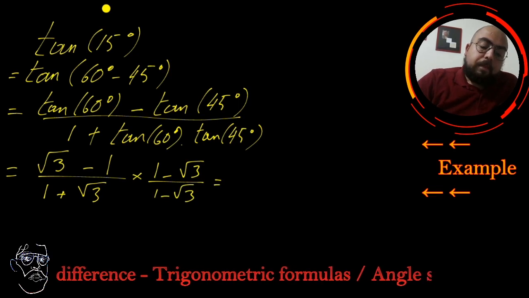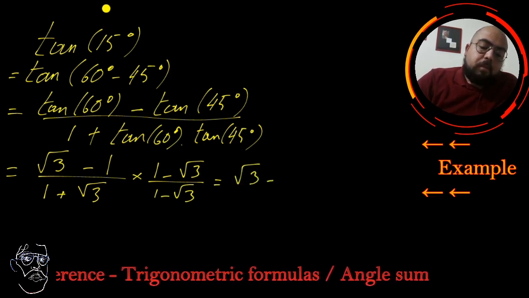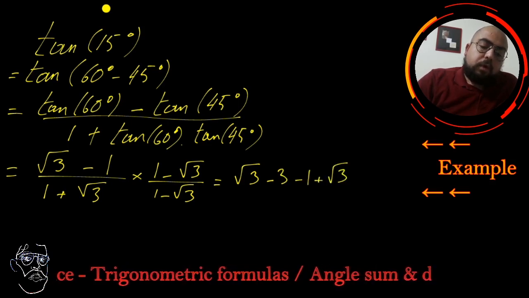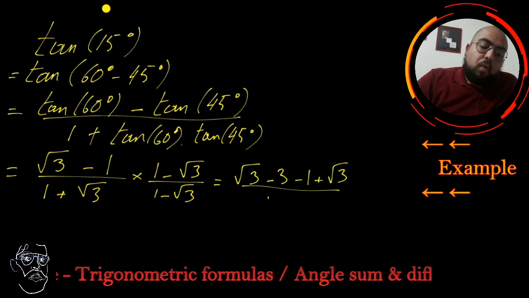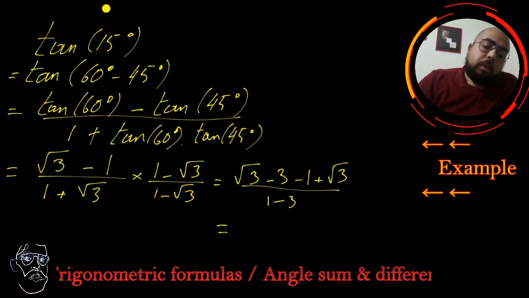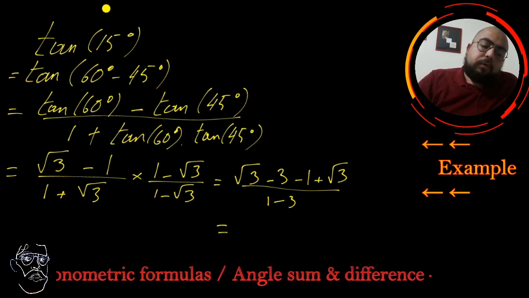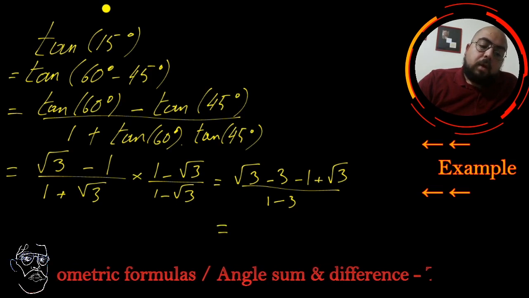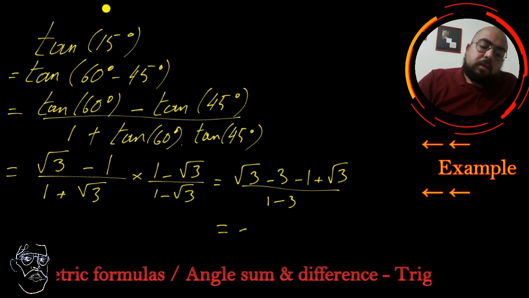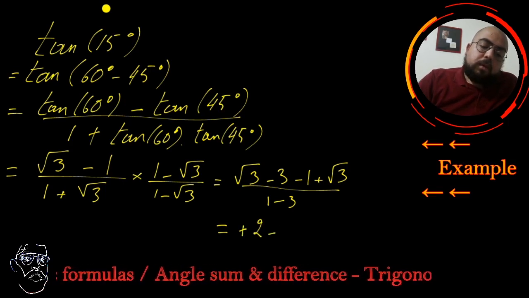You will obtain square root of 3 minus 3 minus 1 plus square root of 3 over 1 minus 3. So your final answer will be minus 4 plus 2 square root of 3 over minus 2, so it will be 2 minus square root of 3.